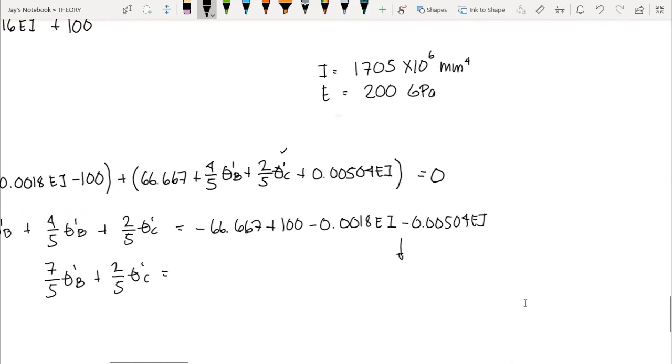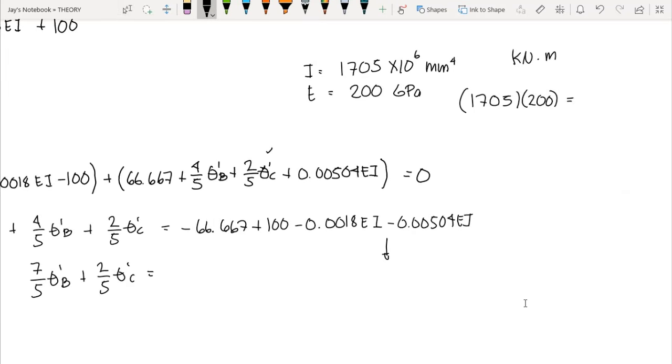Because we are required to come up with kilonewton meter, you can convert all the units manually to meter and kilonewton, or to make it simpler, just multiply 1705 and 200 gigapascal.